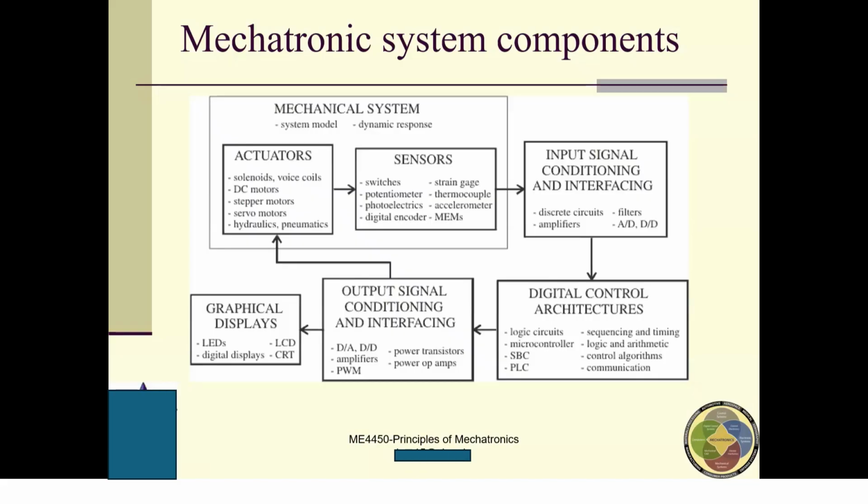You need either a digital to analog converter, or digital to digital enhancing, amplifier, PWM. PWM is pulse width modulation, and power transistors or amps, and then you can drive the actuators. So this is the basic architecture of a typical mechatronic system.